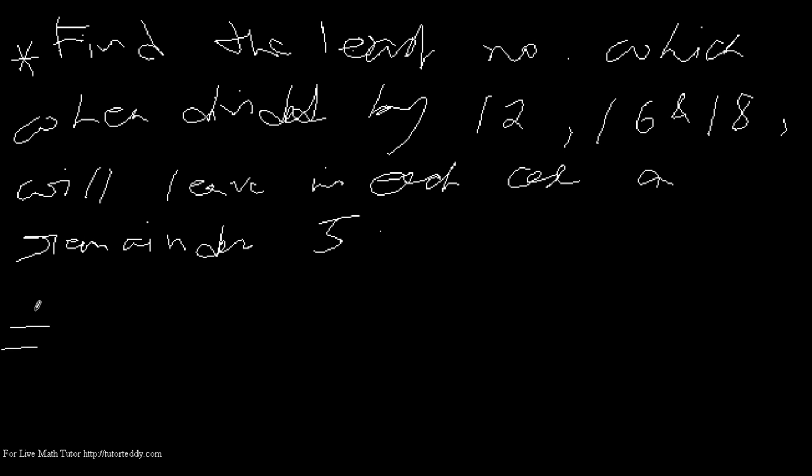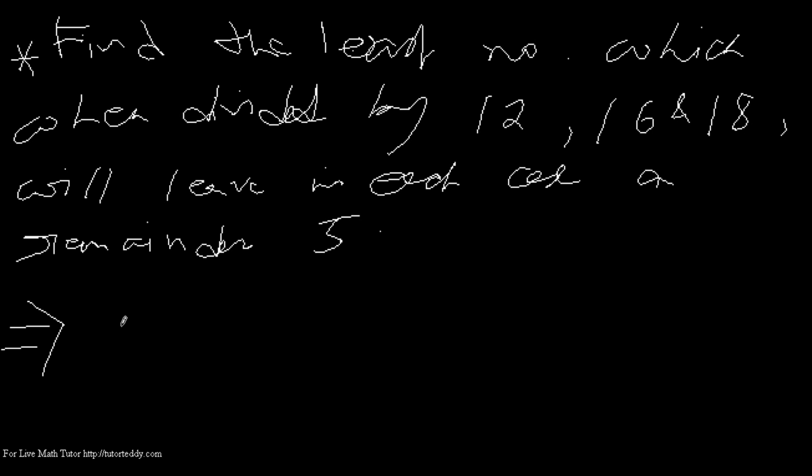I'm reading the question once again: find the least number which when divided by 12, 16 and 18 will leave in each case a remainder of 5. What do we do to get that least number?